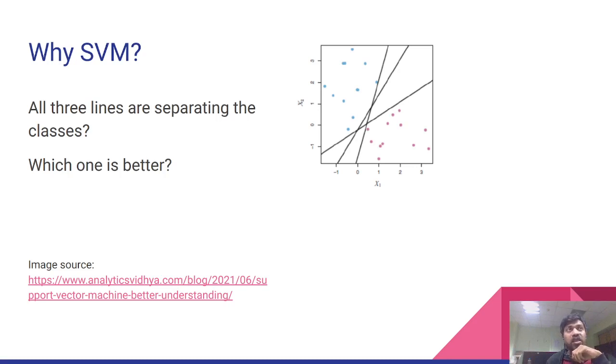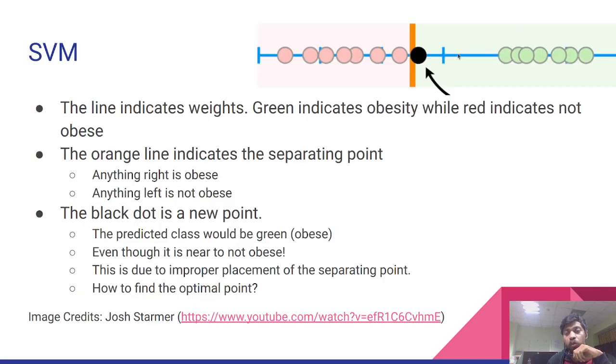Even the point can be called a hyperplane, but generally it is not. Generally we call 2 or 3 dimensional things hyperplanes, but technically this is also a hyperplane. Anything that is used to separate and is linear. Maybe consider you are in a room and you want to divide the room into two parts.